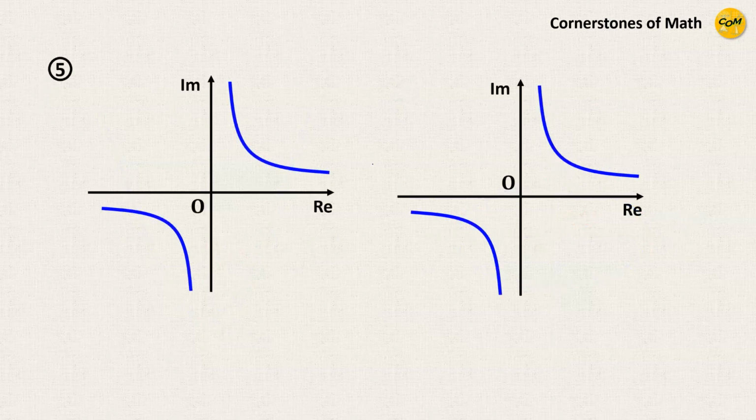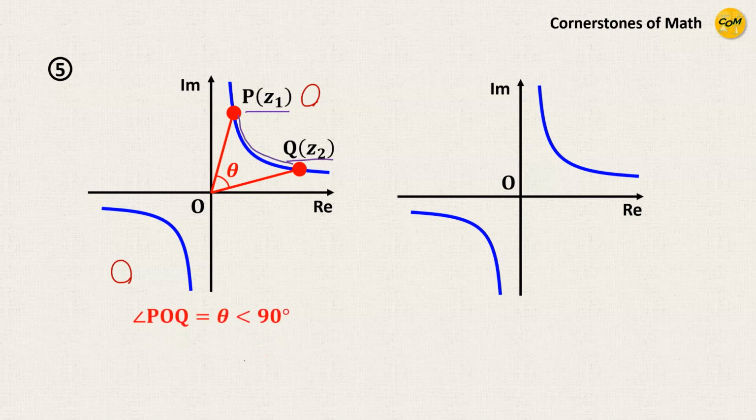However, if we get to choice 5, then we have a different story. Here, the graph only exists in what can be considered as the first quadrant and the third quadrant. And that fact leads to the following result. If we choose points P and Q from the same quadrant, that is, the same branch of the graph, then angle POQ is always less than 90 degrees.